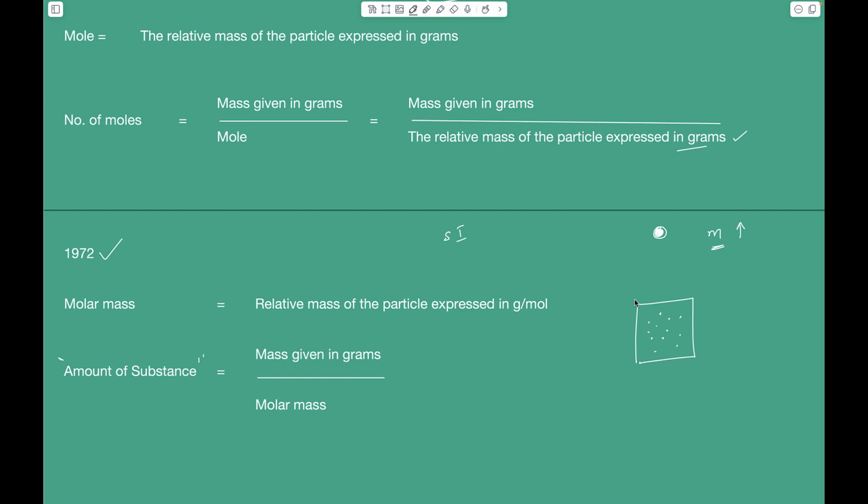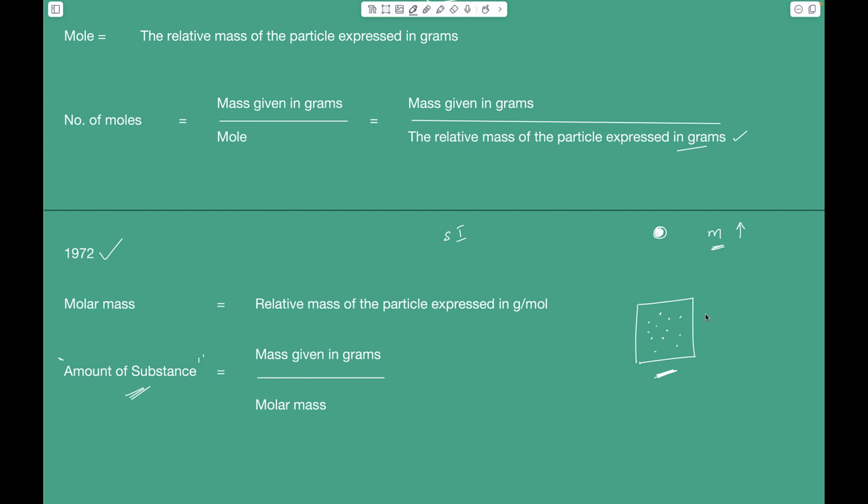So for this reason, in the year 1972, to represent the number of particles present in a system, they added a new fundamental physical quantity called amount of substance. And if you have more particles in the system, that means the amount of substance is more. If there are fewer particles, the amount of substance is less.